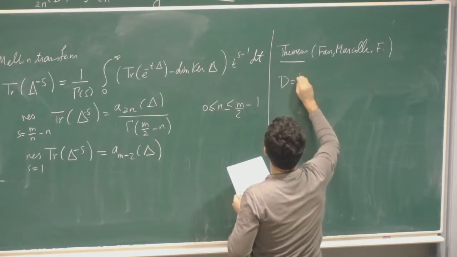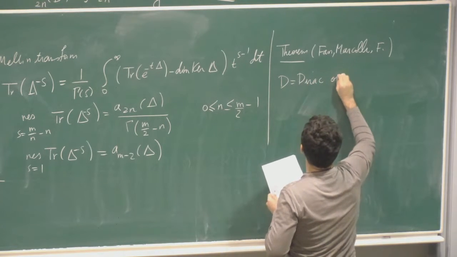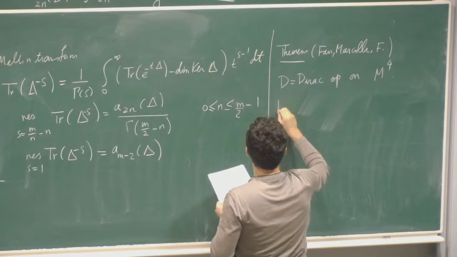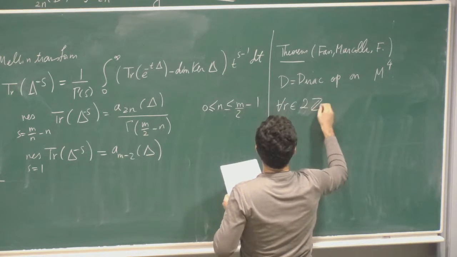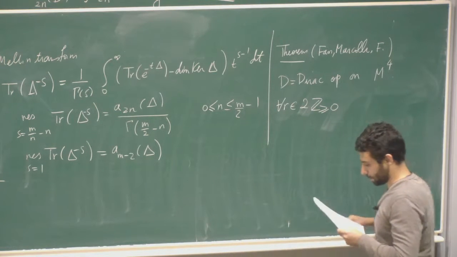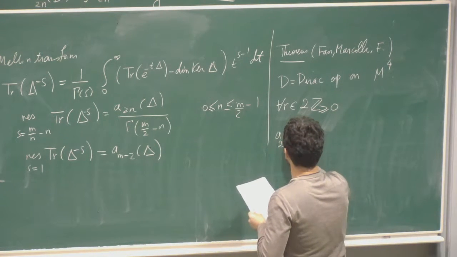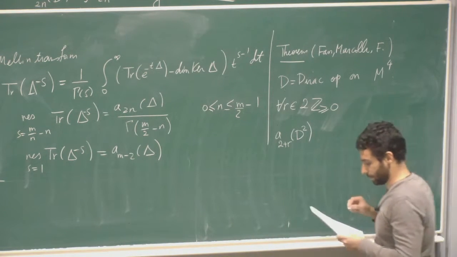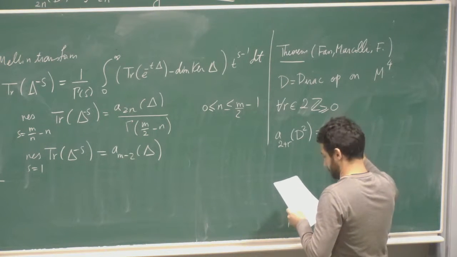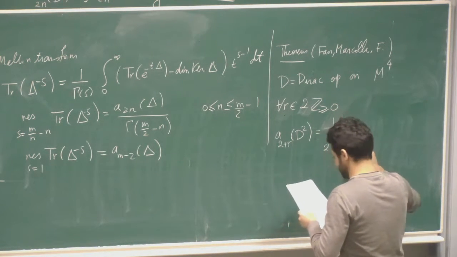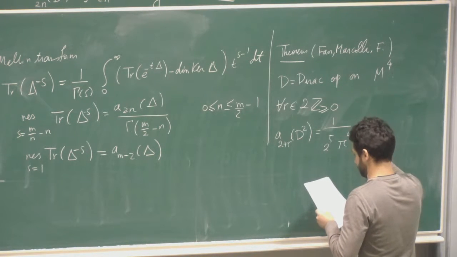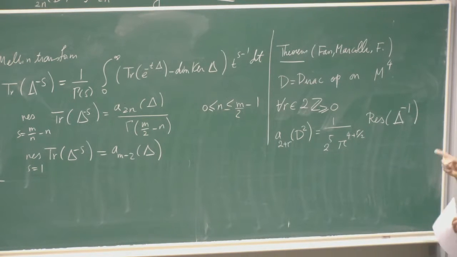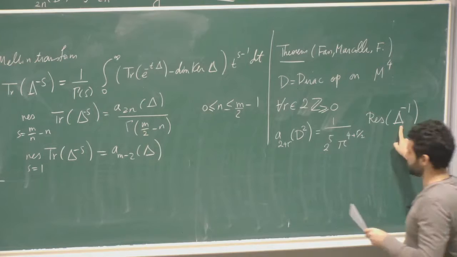So D is the Dirac operator on a 4-dimensional manifold. Then for any non-negative even integer, we have, so if you want the 2 plus rth Seeley-DeWitt coefficient, you can do this integral with an integration over the co-sphere bundle, but I should explain what this delta is.